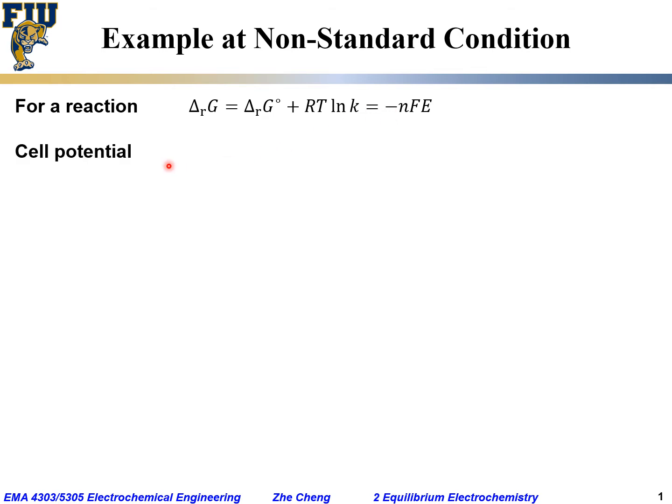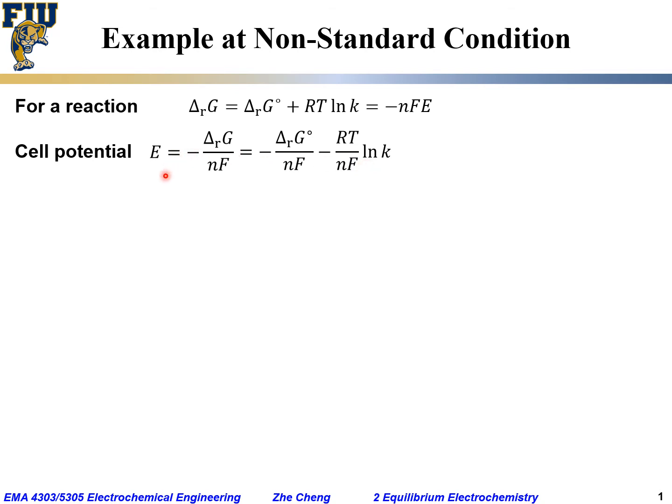As a result, the cell potential under non-standard condition would be ΔrG divided by nF, with a minus sign. And since the reaction free energy change is two terms, the cell potential would be minus ΔrG0 divided by nF, minus RT over nF times the natural log of the reaction quotient.